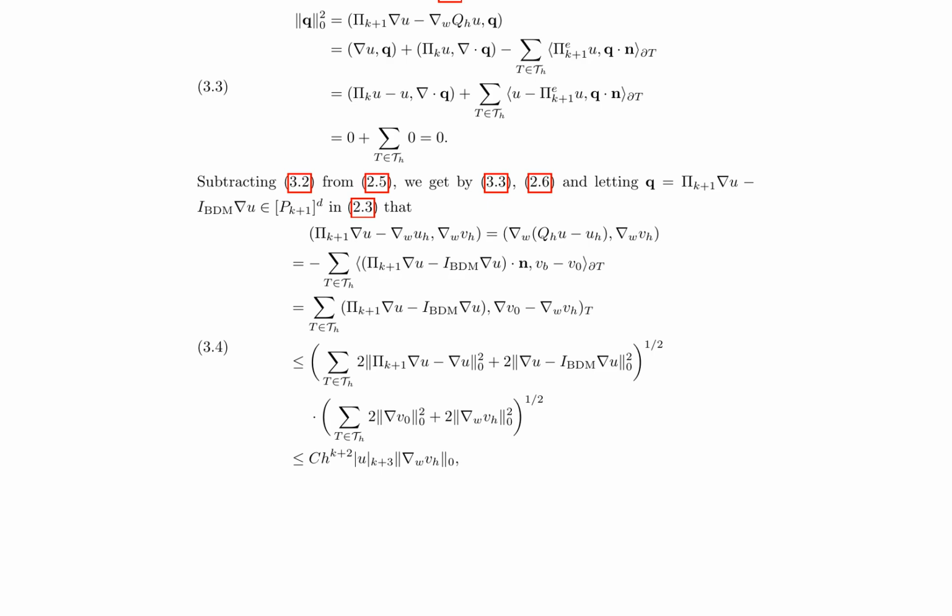The final estimate, equation 3.4, shows that the error between the exact solution and the finite element solution is bounded by a term dependent on the mesh size and solution regularity. Specifically, h times the norm of pi k plus 1 nabla u minus nabla w u_h in L2, plus the norm of Qh u minus u_h in L2, is less than or equal to C h to the k plus 3 times the norm of u in H to the k plus 3.